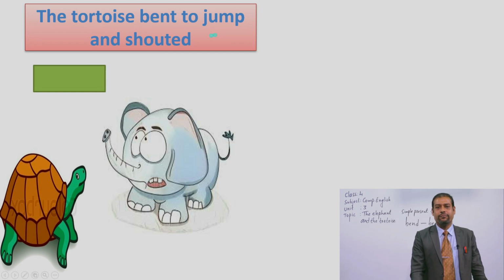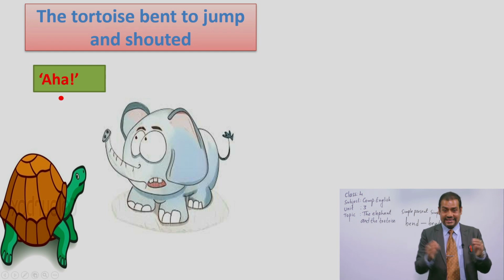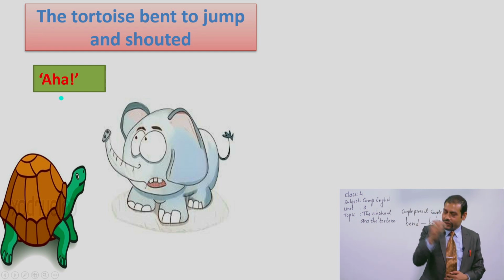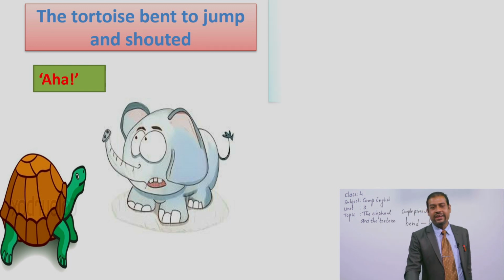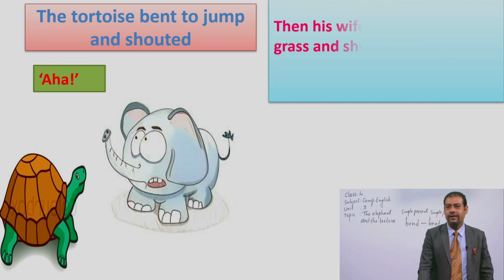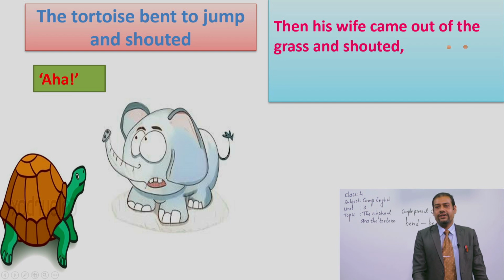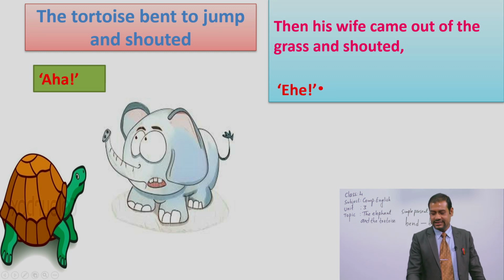The tortoise bent to jump and shouted. See, the tortoise had already told his wife that when he said aha, then the wife had to say ehe, beside the elephant. Now look. Then his wife came out of the grass and shouted. What did she shout? Yes, she shouted ehe.